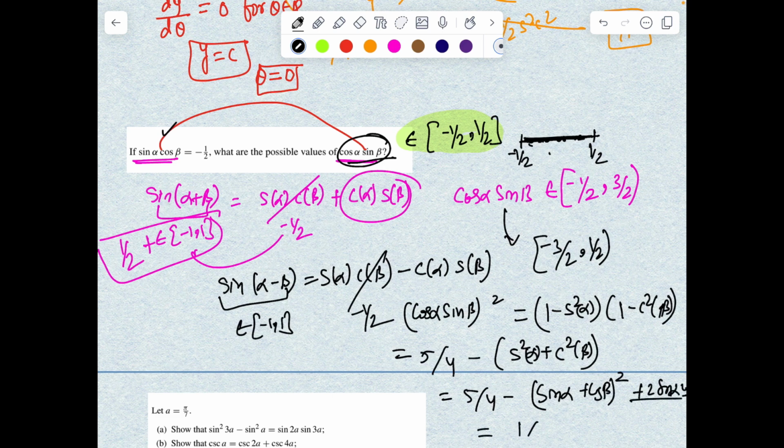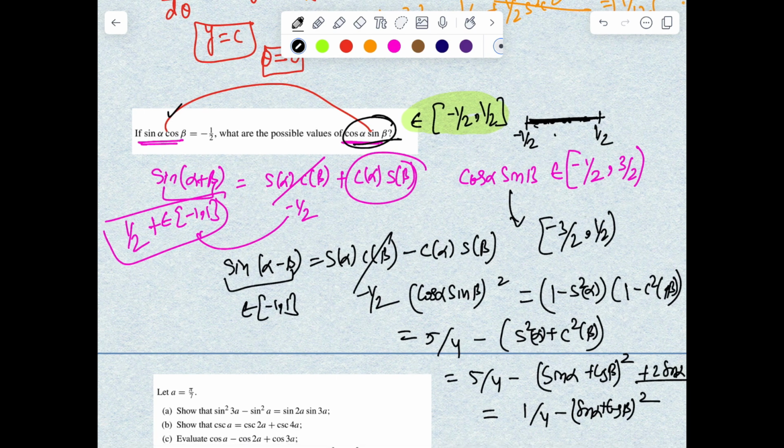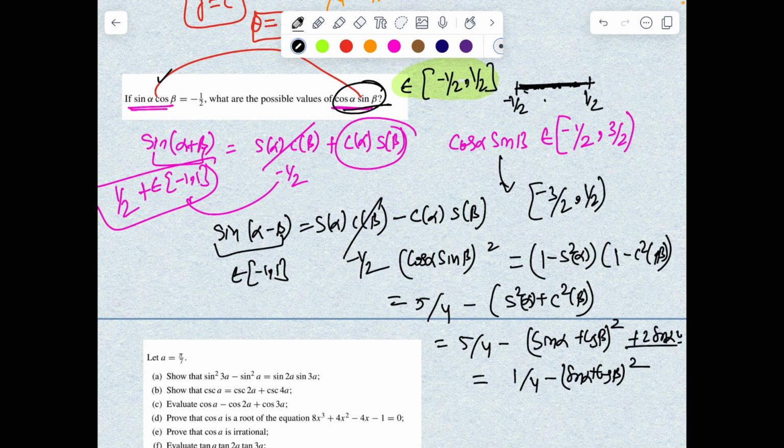Sin alpha cos beta is given, so that gives 1/4 minus sin alpha cos beta whole square. And now if I take sin alpha and cos beta as x and y, and x and y from minus 1 to 1, sin alpha cos beta will be less than or equal to half. So from here you can prove it using the boundary condition.